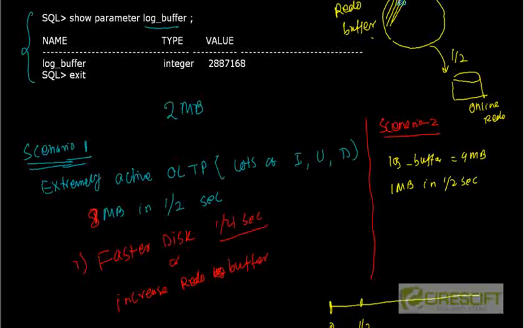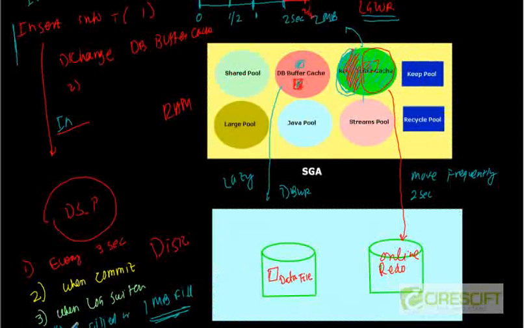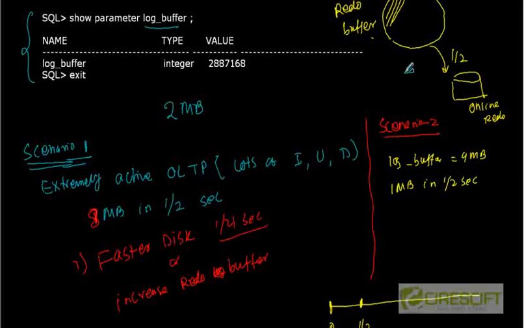So that means 1 MB is generated from 0 to half a second, and because of this condition that we discussed, whenever it is 1 MB full, then redo is going to write. So just after half a second, LGWR is going to start the fast writing from the redo buffer to the online redo.